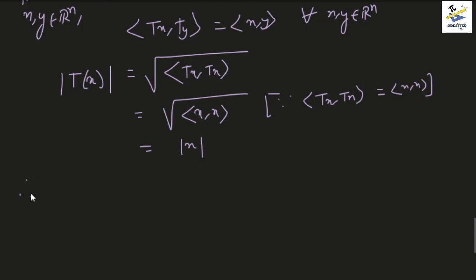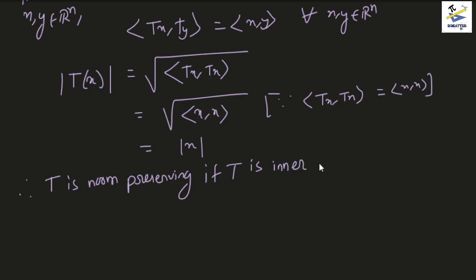Therefore T is norm preserving if T is inner product preserving. So this completes our proof for the first part.